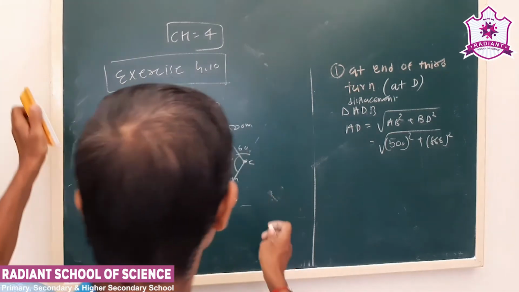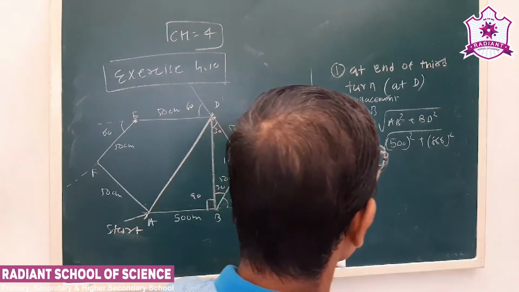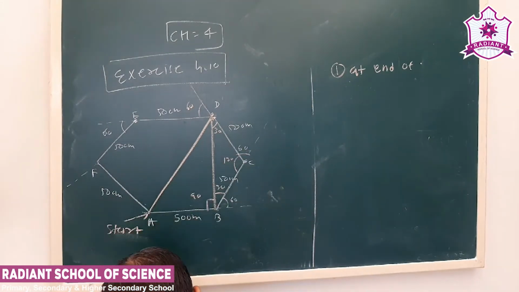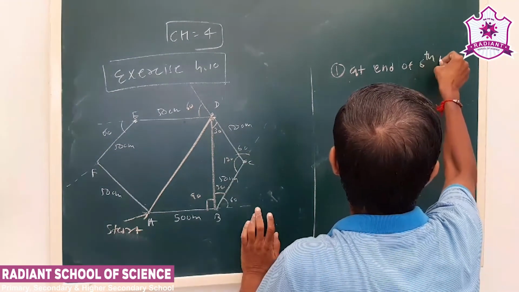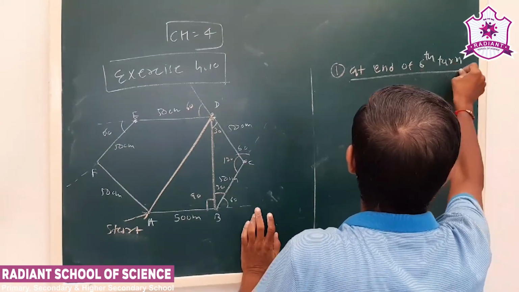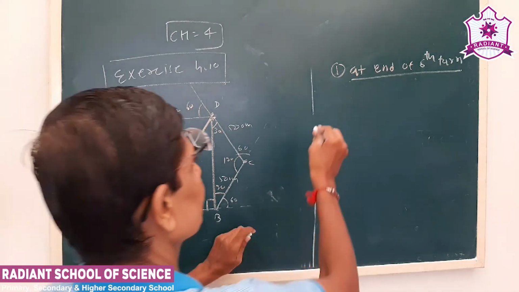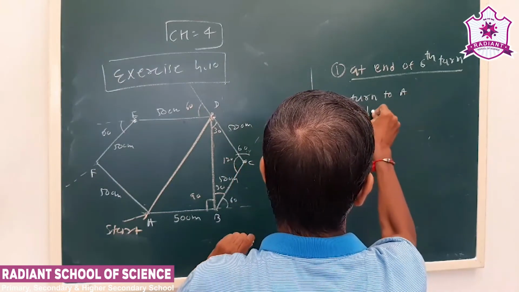Now the fourth, fifth and sixth turn. Next we have to calculate at the sixth turn. At the end of the sixth turn, it will return back to A. So that's why displacement is 0.